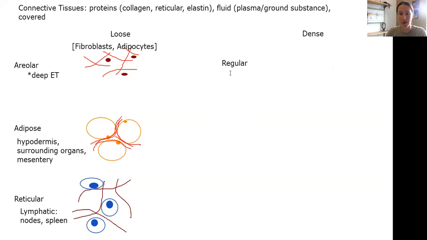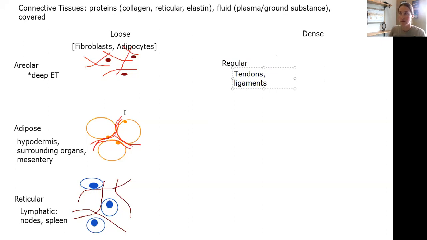Dense regular tissue is found in your tendons and your ligaments. Your tendons and ligaments are essentially the strappy structures that are attaching either your muscles to your bones or your bones to another bone.